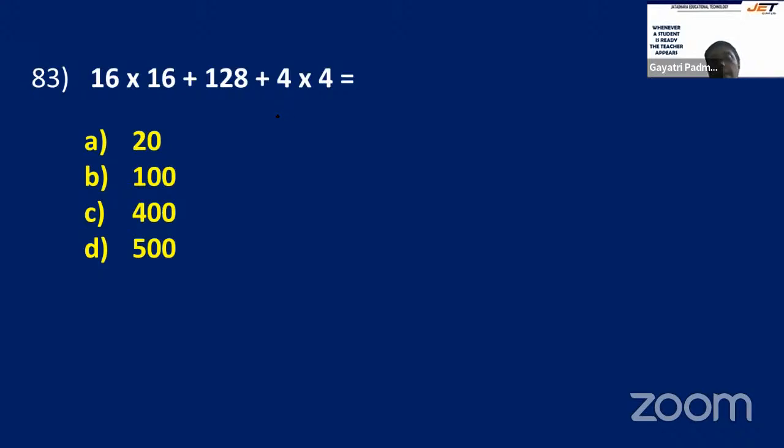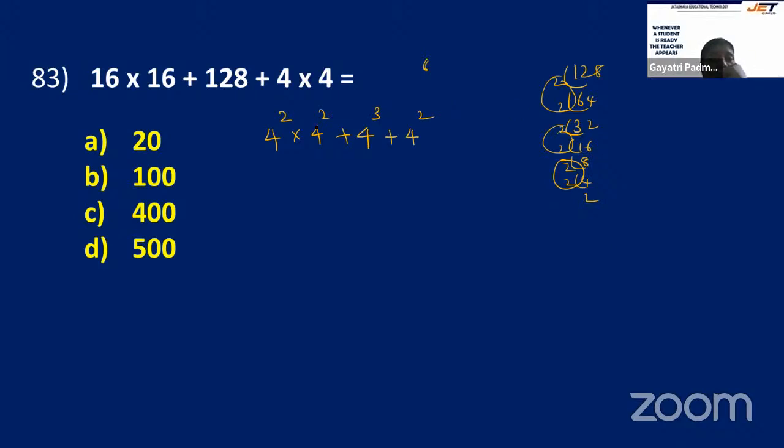Otherwise you have to solve it fully. Here 4 square is 16, into 4 square is 16, plus 16 into 4 is 64, into 2 is 128. Just take LCM quickly, in terms of 4.